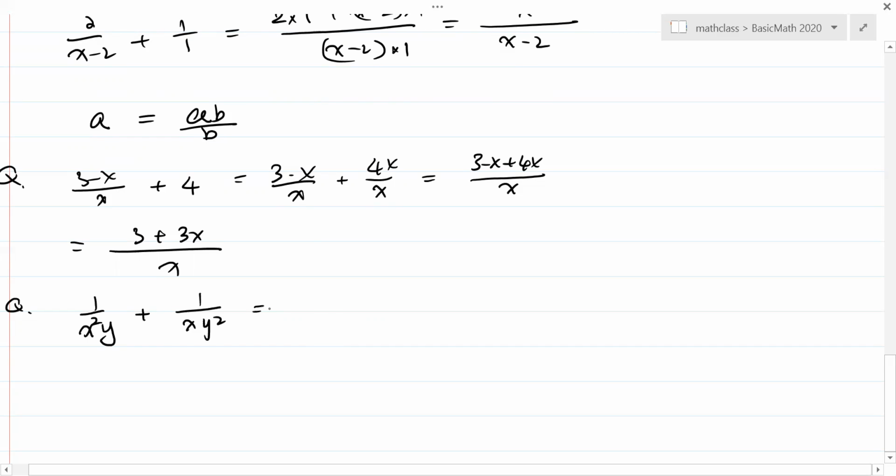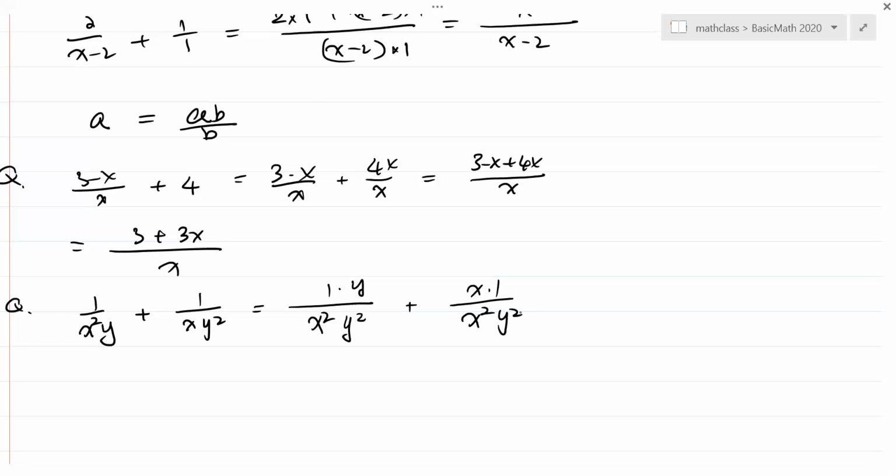So that would be 1 over x squared y. The right hand side there is y squared, the left hand side is just y, so I have to multiply by y. Then I get x squared y squared. And then you look at x y squared, I need the x here. So x times 1, over x squared y squared. If we multiply the numerator and denominator by x, then I get x squared y squared in the denominator.